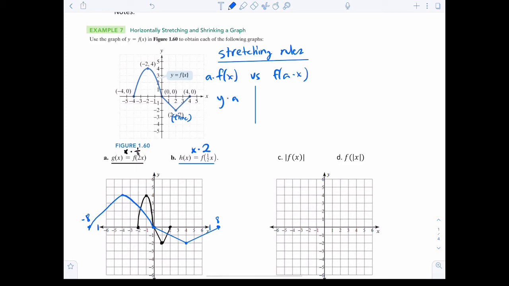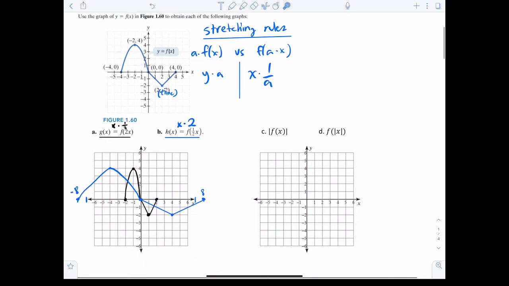This one is y times a, and the other one is x times the reciprocal of a. And again, for this one, it's counterintuitive because you're thinking about it as if this were like a person running a race. This 2 will speed your graph up, meaning it actually compresses it by a factor of 2. This will slow your graph down, or lower your speed, so it'll elongate the graph by a factor of 2. And that's what you're seeing here.